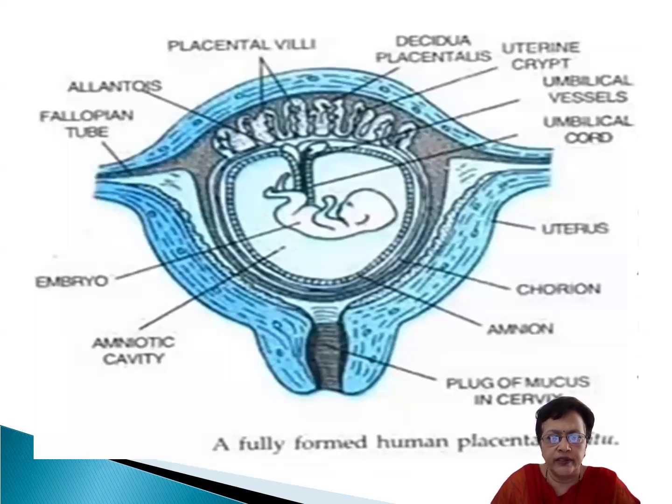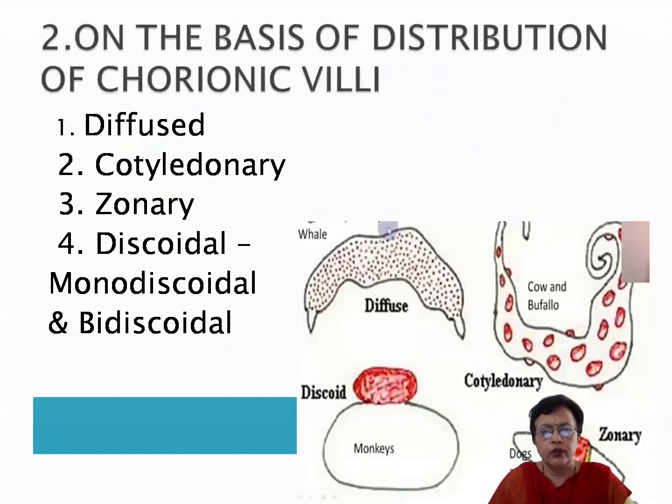So this kind of placenta is called chorioallantoic placenta, and it is present in all the eutherian mammals, that is right from human beings till the smallest mammal, a small rat or any other mammal, as big as whale or as big as elephant. So this was on the basis of the participation of extraembryonic membrane.